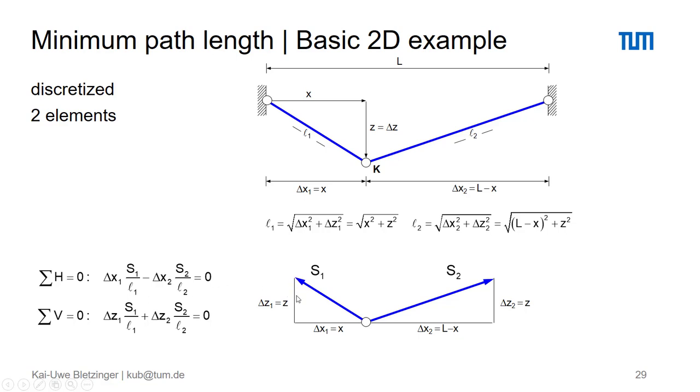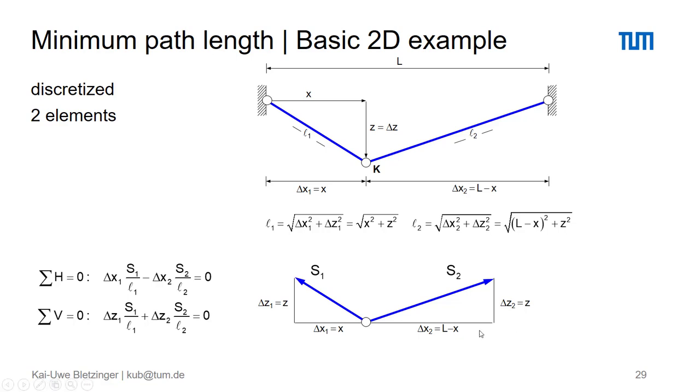And the vertical components are just determined by the force multiplied by, again, the directional cosine, the delta Z over the respective L. The signs I just have adapted to the sign convention in this graph.